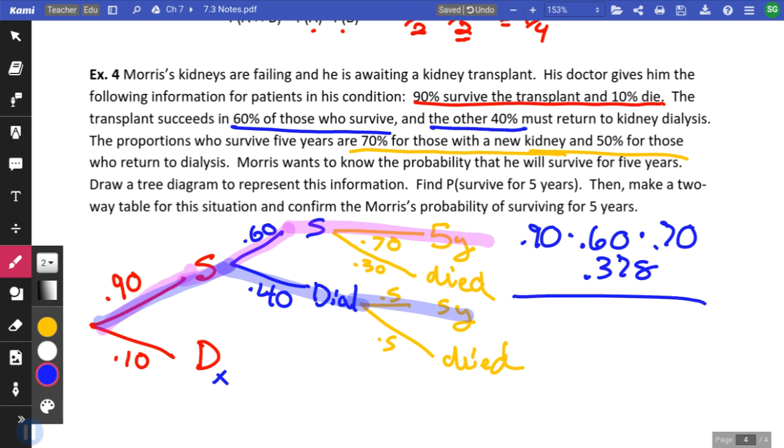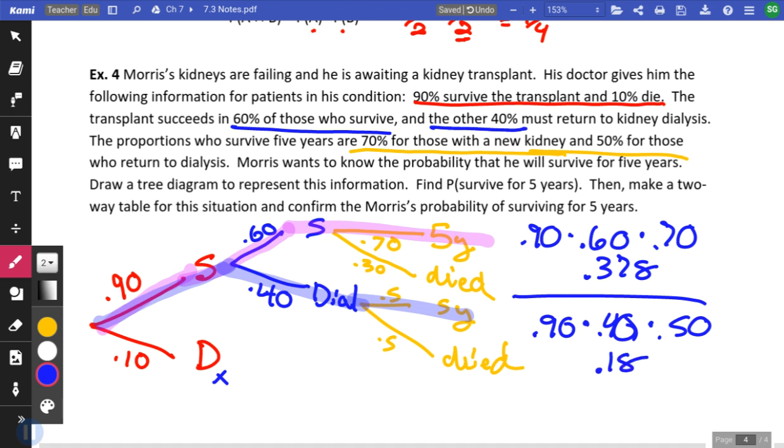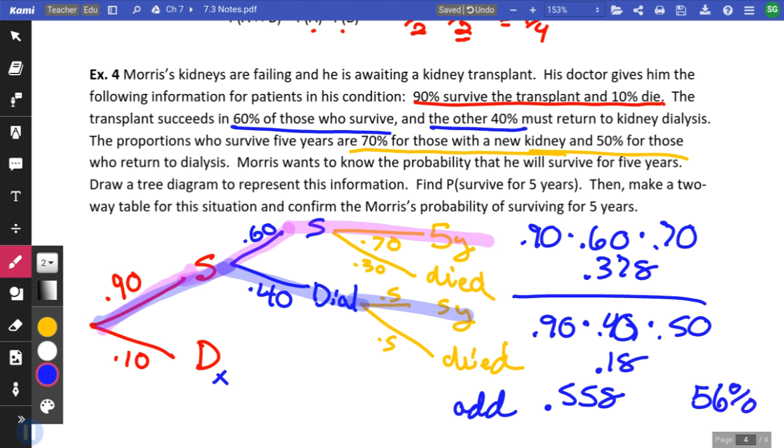Path 2 is 0.9 times 0.4 times 0.5, which is about 0.18. Both of those are good, so we're going to add them together: 0.558. So he has about a 56% chance of surviving 5 years on a transplant.